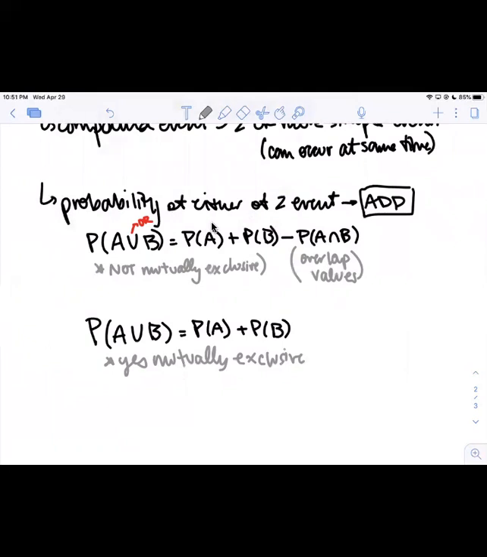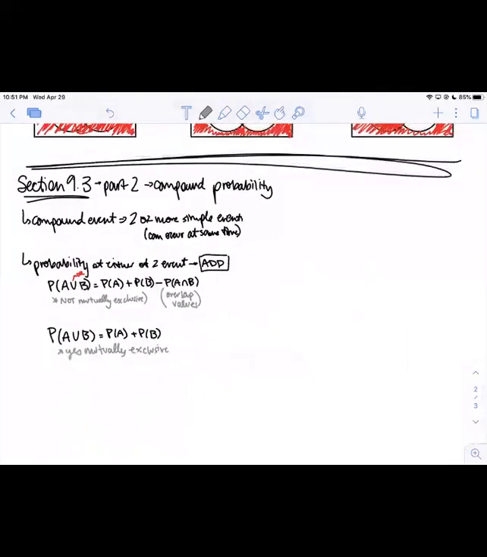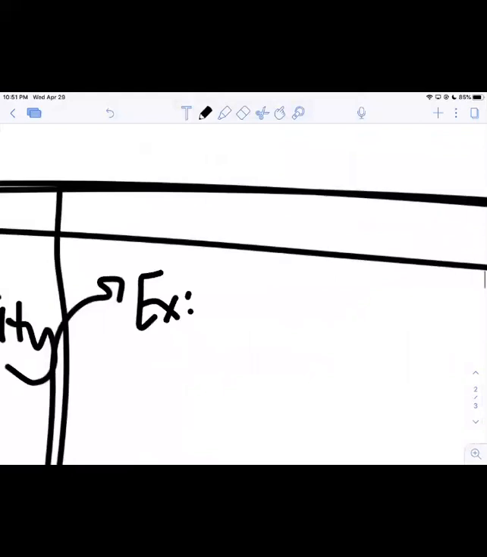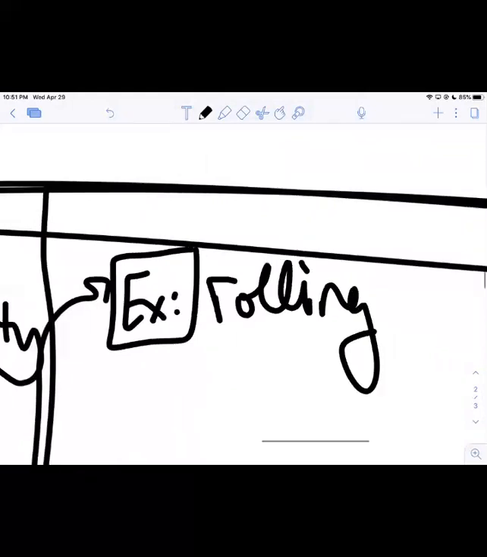So now let's do an example of these. Our whole example will be rolling a dice. So follow me over here. So we're rolling a dice, a normal 6-sided dice.